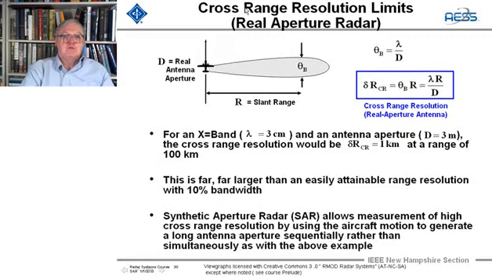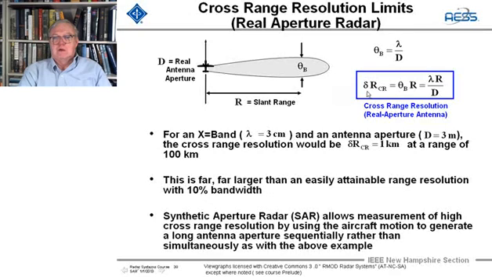Now for the cross-range resolution limit for a real aperture, I'll go through this pretty quickly because we've really done it. Here we see an aircraft along a path. And here's the slant range and the beam width, and the beam width is just lambda over D, where D is the real antenna aperture.